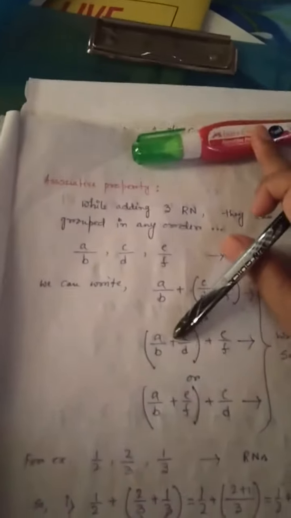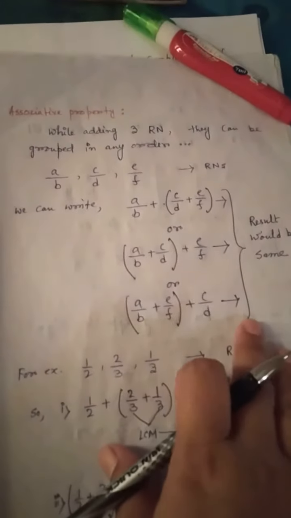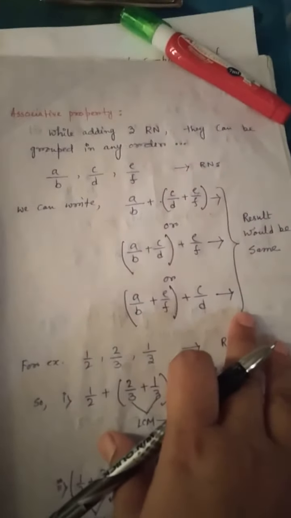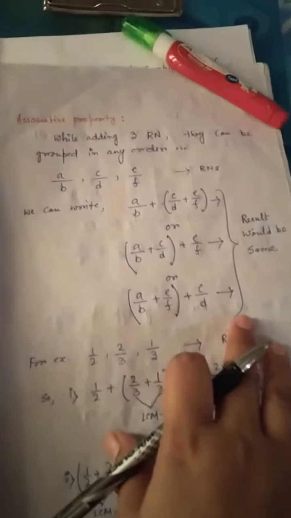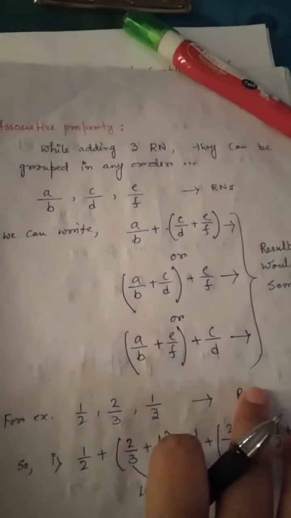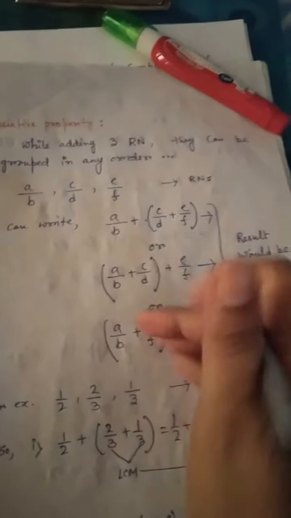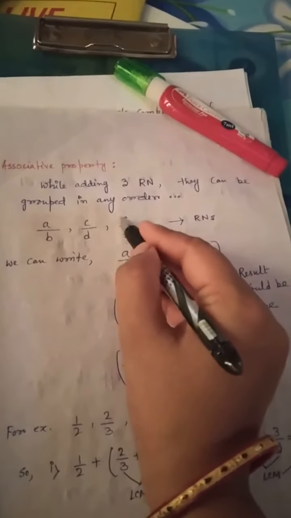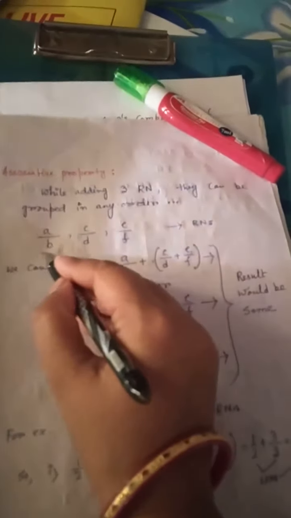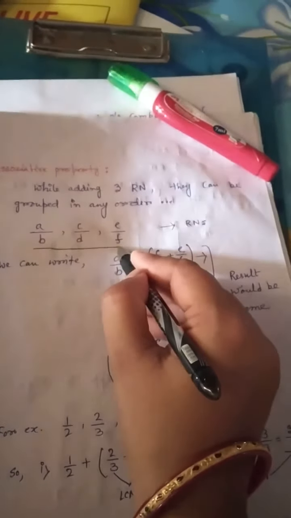Now what does the associative law tell? While adding three rational numbers, they can be grouped in any order. That means here a by b, c by d and e by f are three rational numbers.